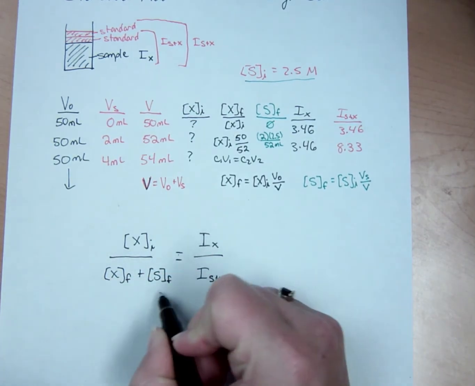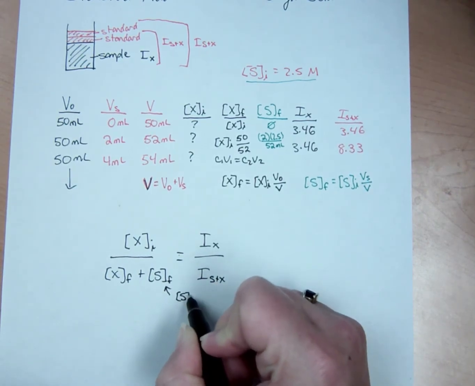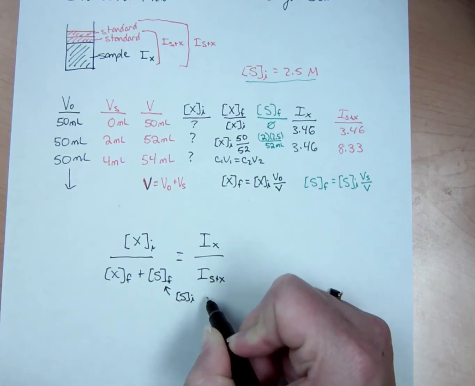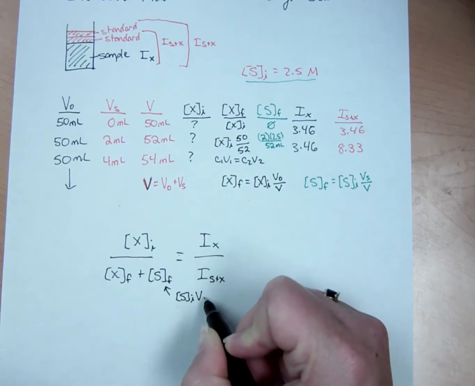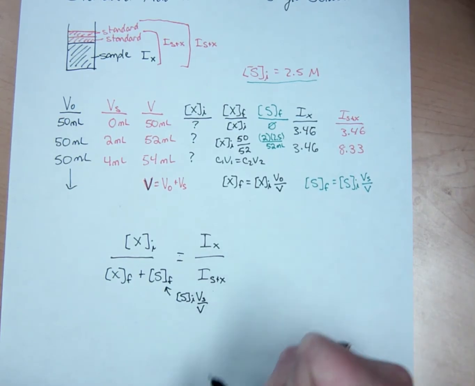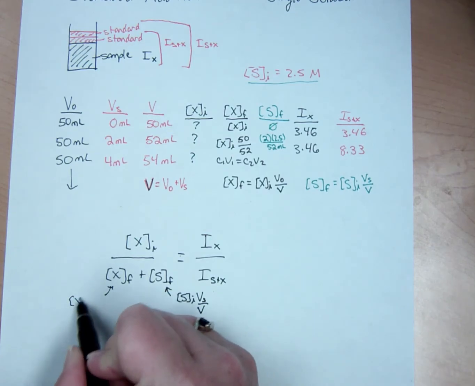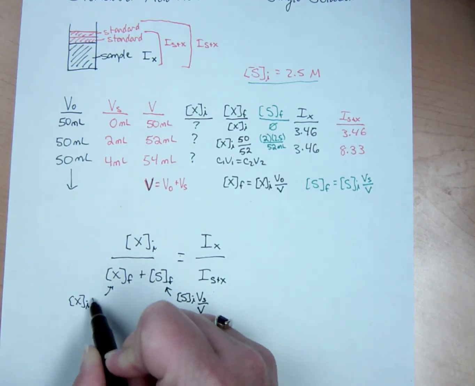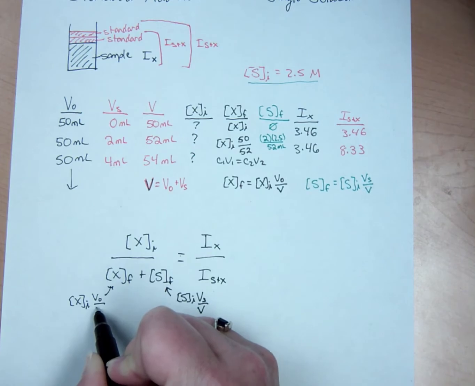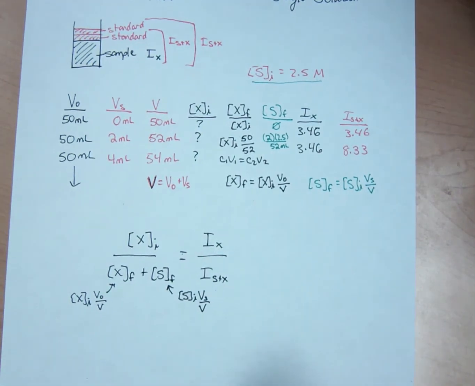SF, we said we're going to replace with SI times our volume of standard over our total volume. XF we're going to replace with our concentration X initially, times our initial volume over the total volume. So that's that step.